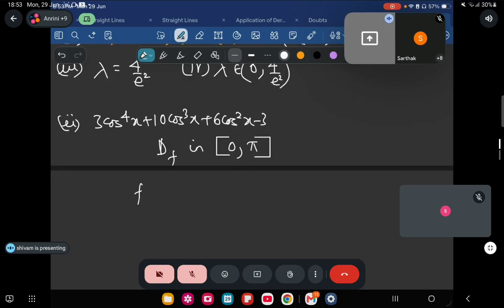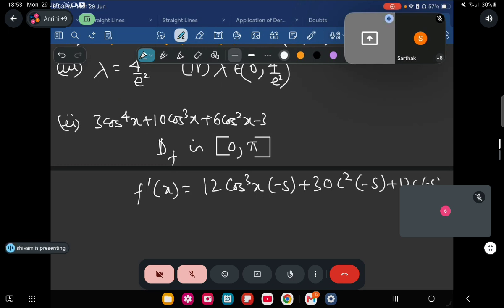What is f dash x? f dash x will be equal to 12 cos cube x into minus sin x plus 30 cos square x into minus sin x plus 12 cos x into minus sin x. You have to put it greater than or equal to 0.